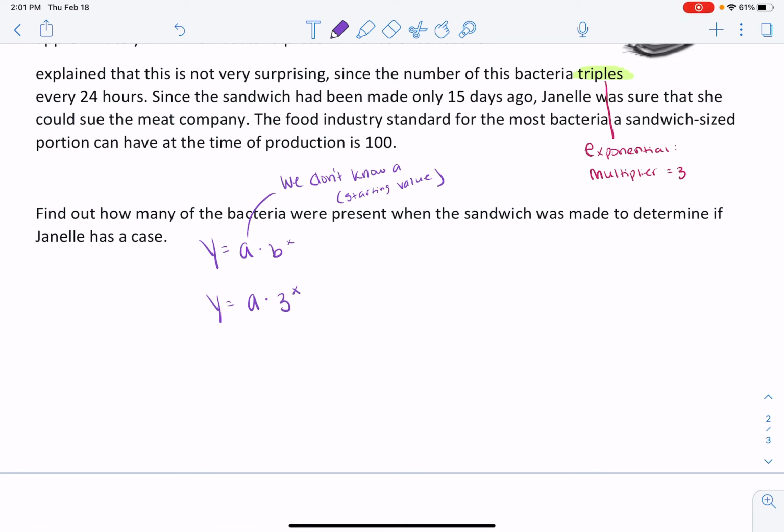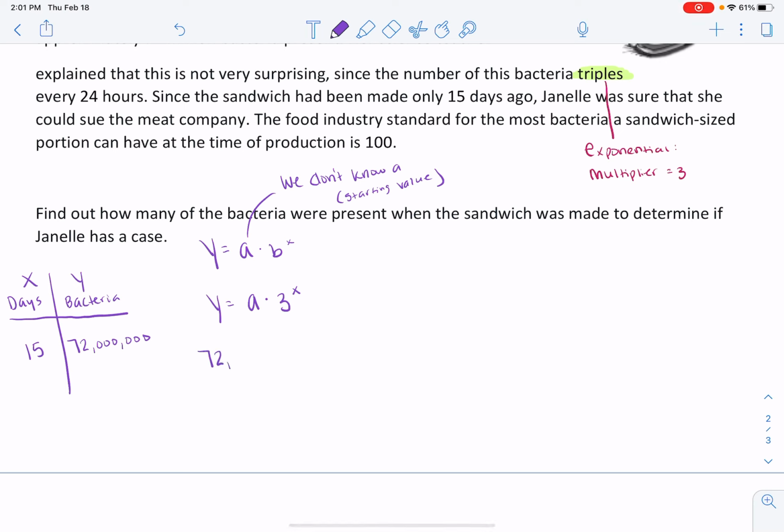Let's think about something else we know, too. When it comes to our days and the number of bacteria, one thing I notice is that it says 15 days for how long she left her sandwich, there were 72 million bacteria present. So we can plug that in for x and y so we can solve for a.